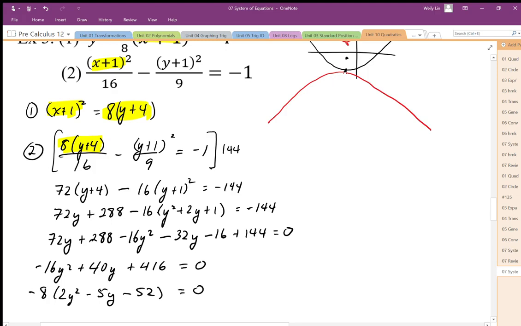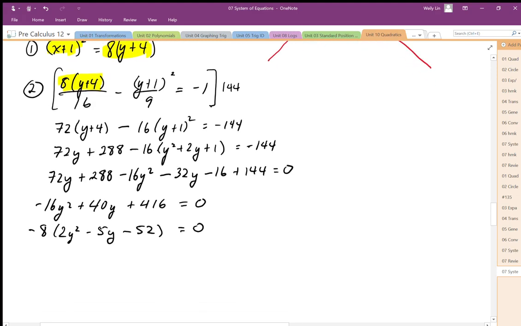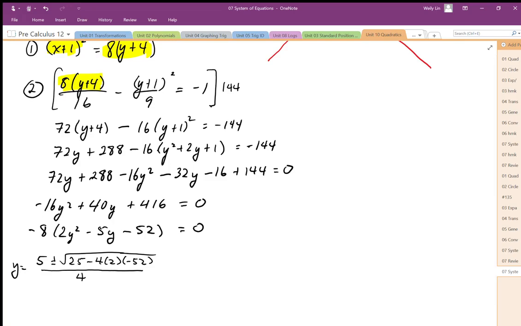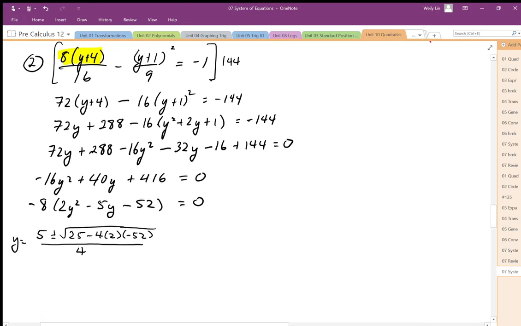Then I need to solve for y. Let's just plug it into the quadratic formula. So I get y equals 5 plus or minus the square root of 25 minus 4 times 2 times negative 52, all over 4. Working that out, 25 minus a minus is plus, and it's equal to 441. Oh, that looks like it's a perfect square.